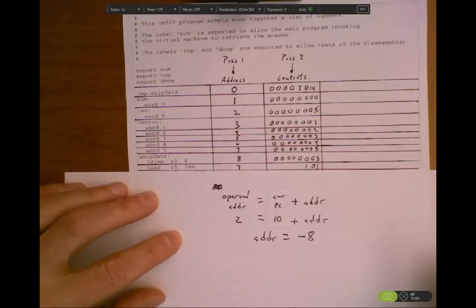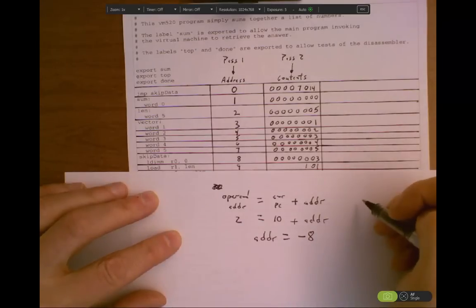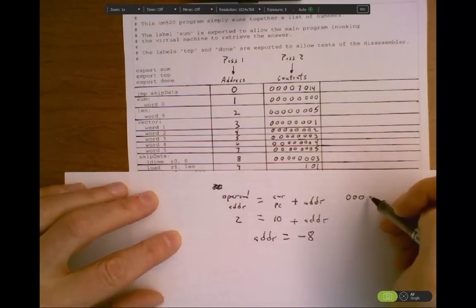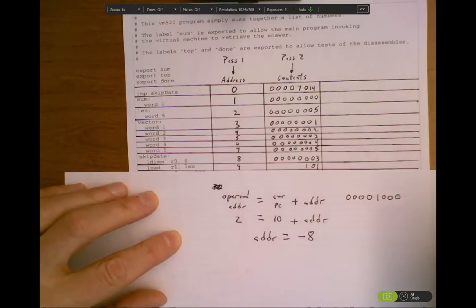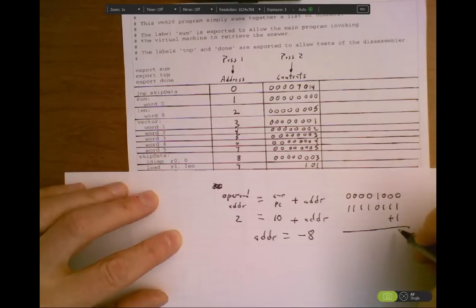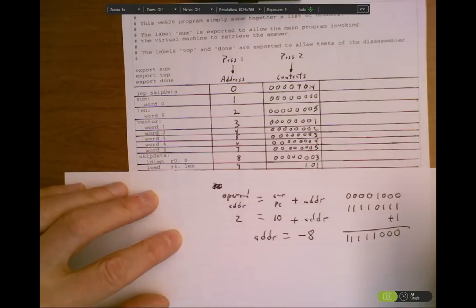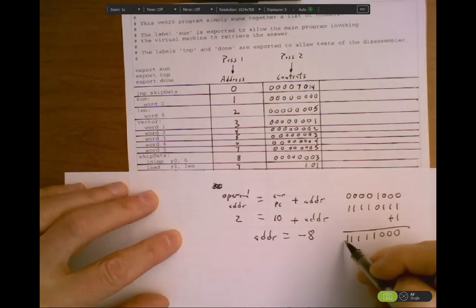Okay, so I got to do a little bit more work. I have to come up with a 2's complement representation of -8. So 8 is 0. If I do it in 8 bits first, it's this, I guess, right? And I know I complement it. I add 1. Okay, and I need to drop that into a 20-bit field.